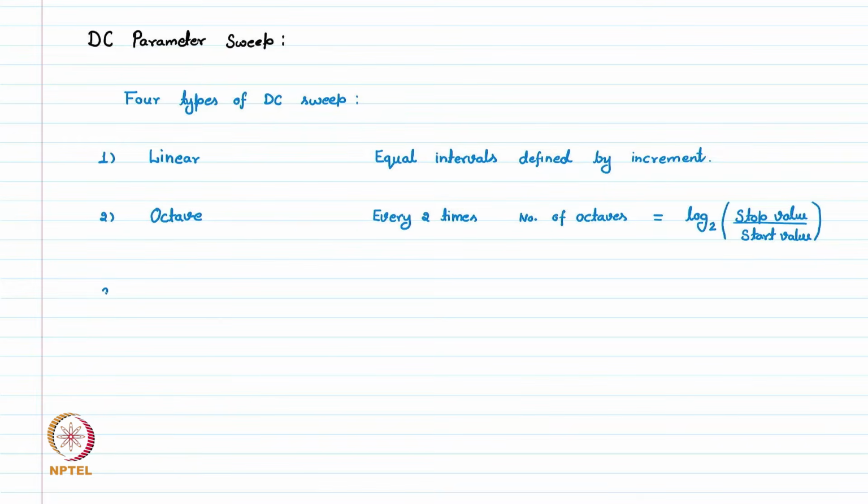In the third type, we have decade. So every simulation is done 10 times for a decade.